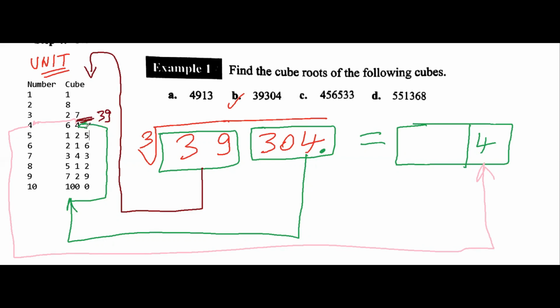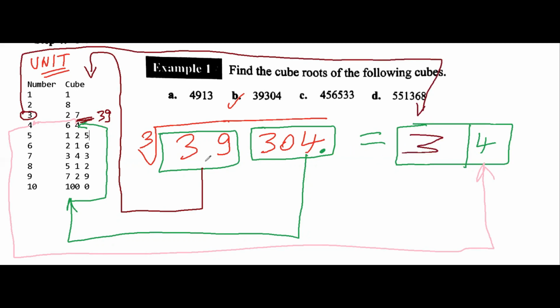Okay, so if 39 is coming here, I will pick the number which is less than 39, that means 27, and the number over here is 3. So this 3 I will pick and write here. So the answer is 34. 34 is the cube root of 39304. Clear?